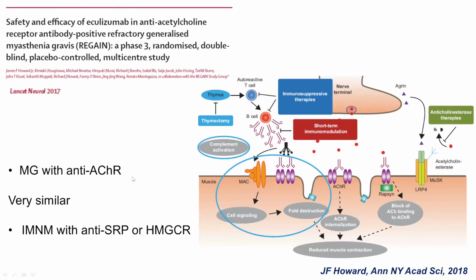That makes that one clinical trial will start at the very beginning of 2020 using another anti-complement, which is called zilucoplan, for immune-mediated necrotizing myopathies.